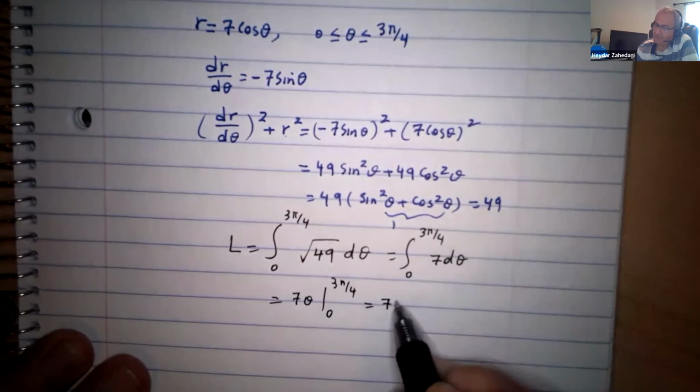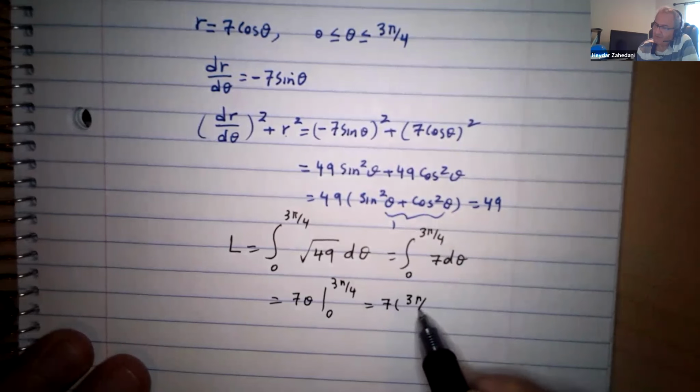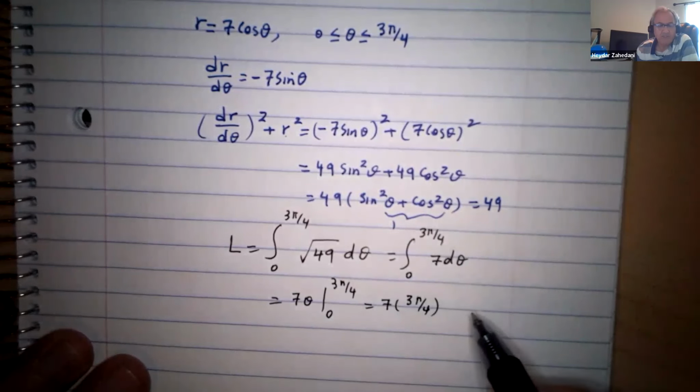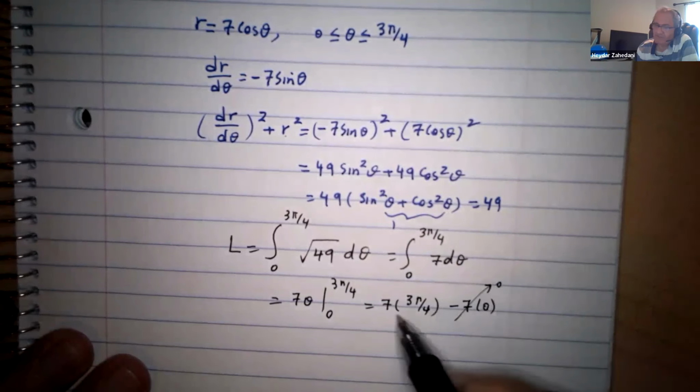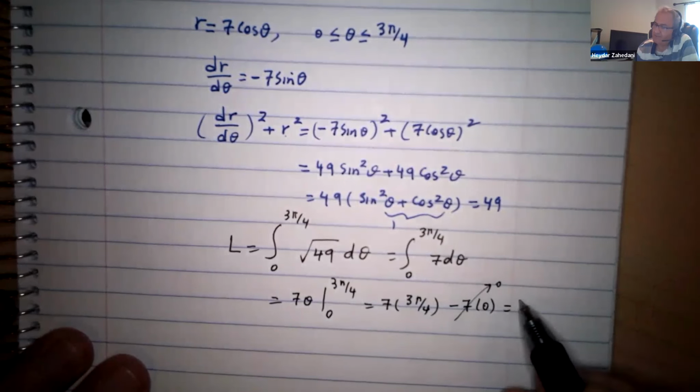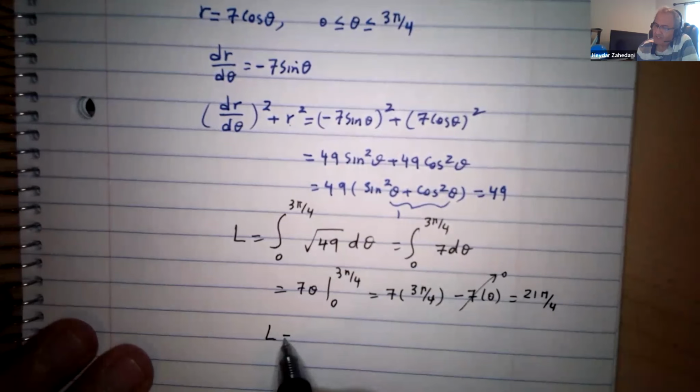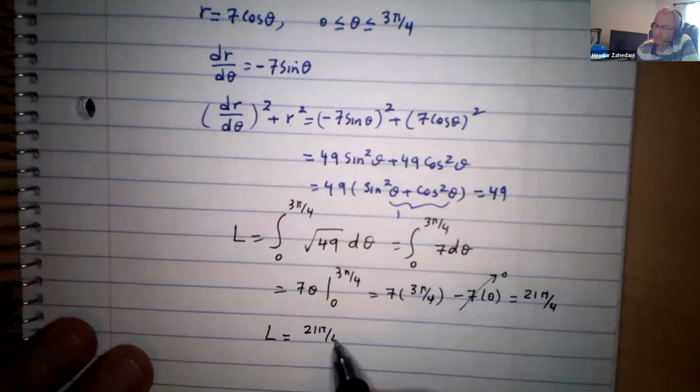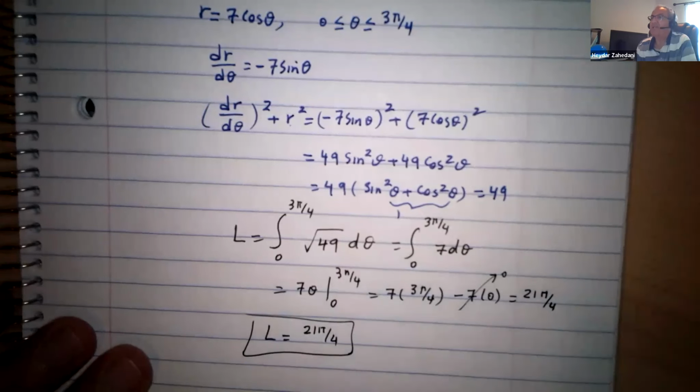So it's going to be 7 times 3π/4 minus 7 times 0. So this would be 0, 7 times 3, 21, 21π/4. So the arc length is going to be 21π/4. Okay, that would be the arc length.